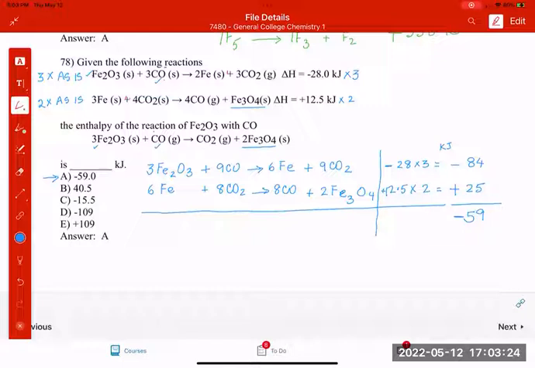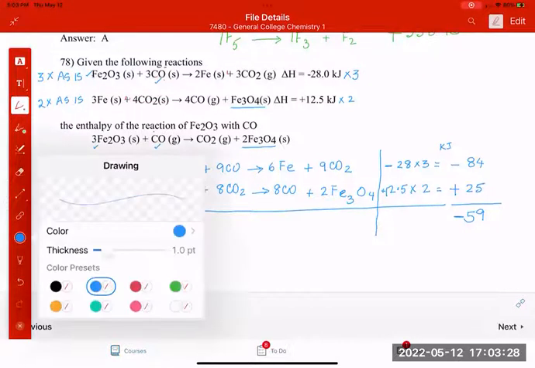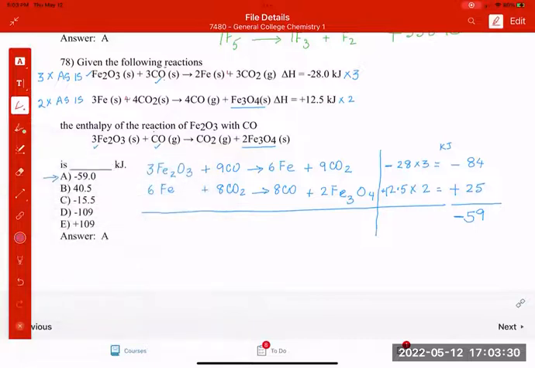Now, 6 irons and 6 irons cancel out. Then 9 CO2 and 8 CO2, that leaves us with 1 CO2 over here. 9 CO and 8 CO, so this leaves us with 1 CO here.